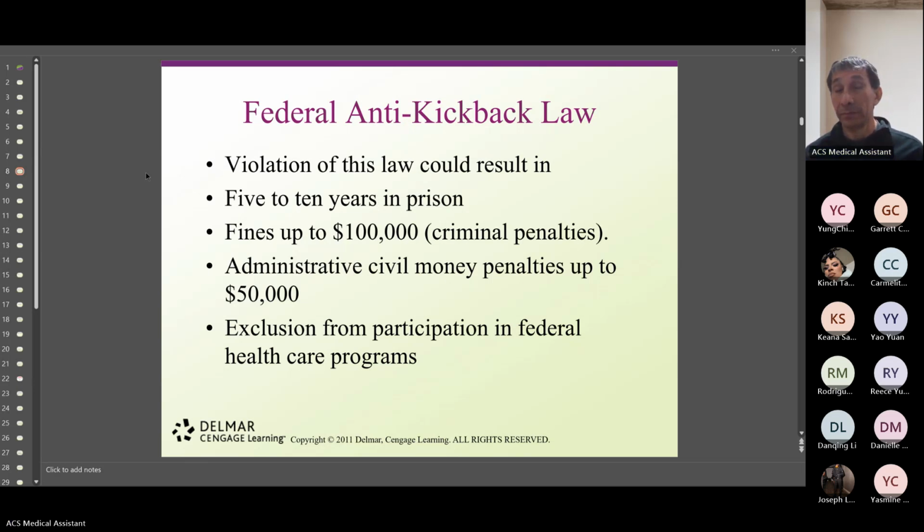And the last that can happen to you, well, it's not the worst, but you're going to be excluded from participating in federal healthcare programs. So if you stay as a medical doctor, or your office or your hospital, they're not going to be able to use any of the government insurances.